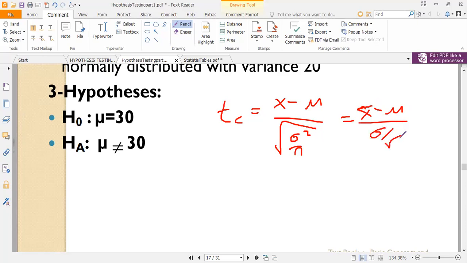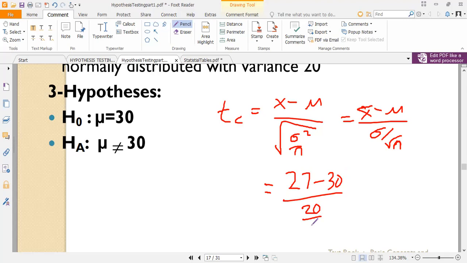If you're given the variance, you can either do the manual way, the grade 5 way, square root the variance so it becomes the standard deviation, and you put it back there. But if you're smart enough to remember, just put it there. 27 minus 30 over our variance of what? 20 over n.